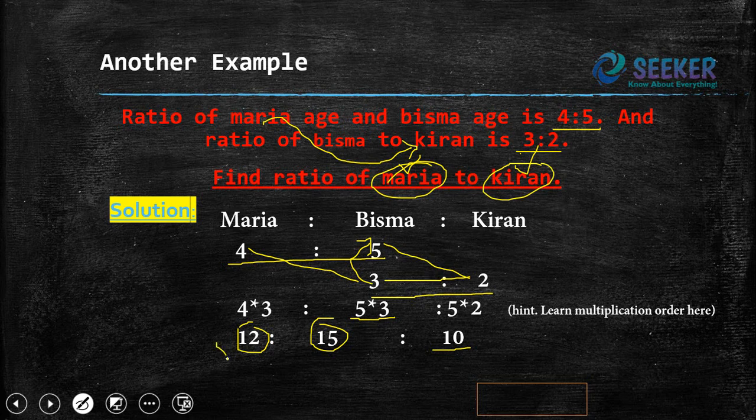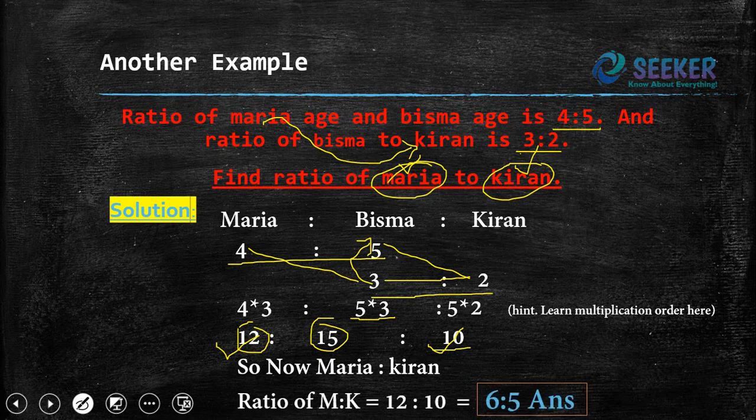For Maria we have the ratio 12 and 10 for Kiran. So now Maria's ratio to Kiran is 6/5, because we can divide these terms by 2. So 2 sixes are 12 and 2 fives are 10. So our answer is 6:5.